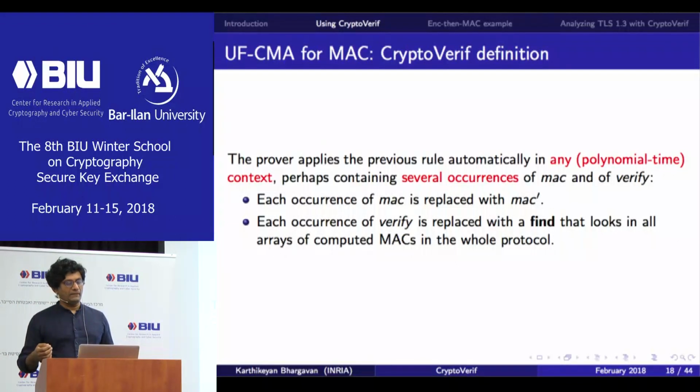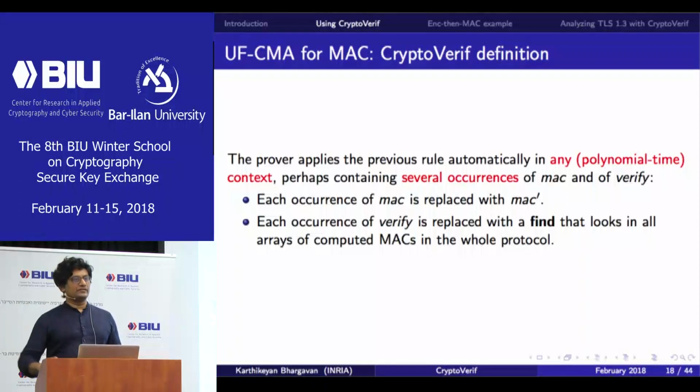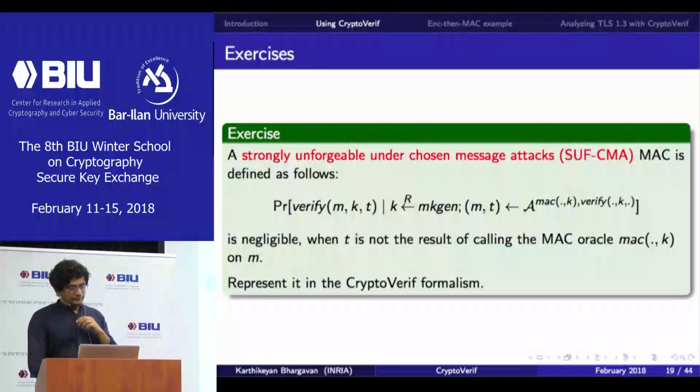Okay, and it'll keep trying to apply it until it cannot apply it anymore. So this is something that it will do automatically, but you can also guide it by saying, okay, I want you to apply this assumption on those two instances, but not on those two instances, and so on. You can also try to formalize other assumptions like SUF-CMA, et cetera, in a very similar style.